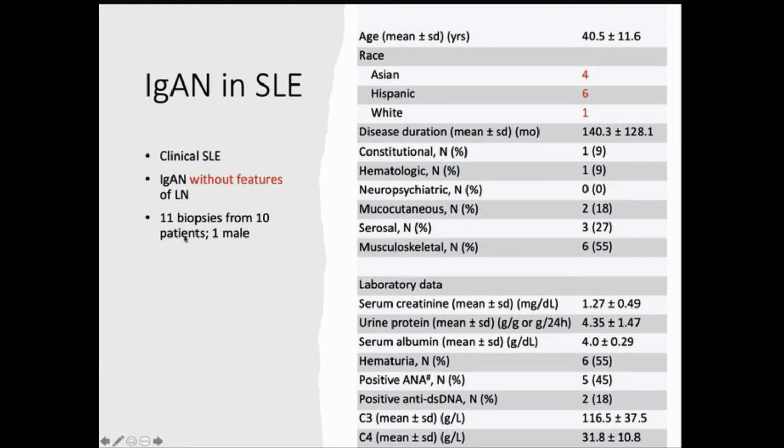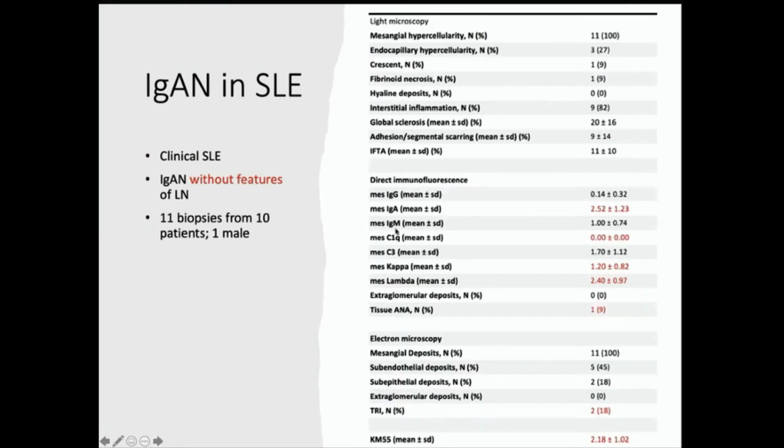These cases I got from 4 different centers altogether. It's not common. What I wanted to point out is that 4 of these patients are Asian, 6 are Hispanic, and 1 is white. As we know, IgA nephropathy has a higher incidence in Asian and Hispanic populations. And then for these patients, here is the key information.